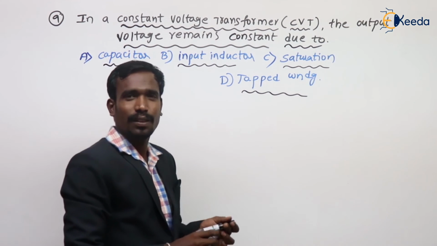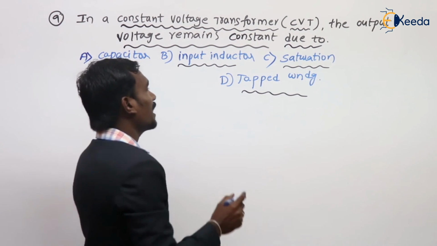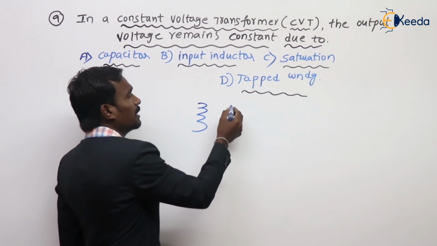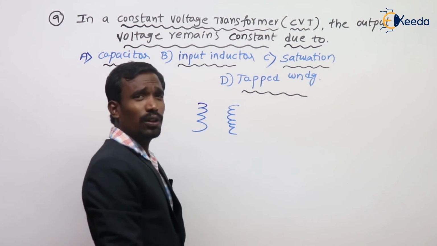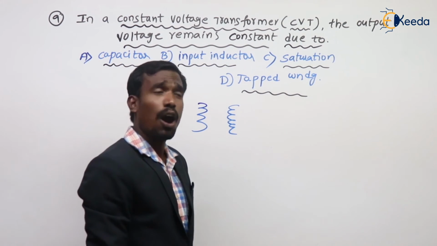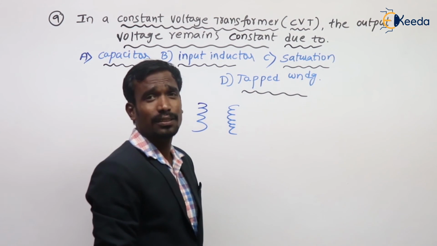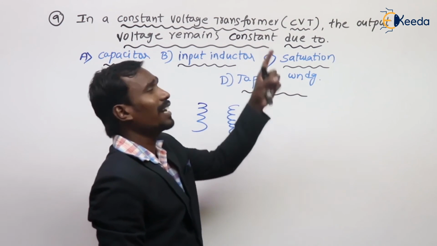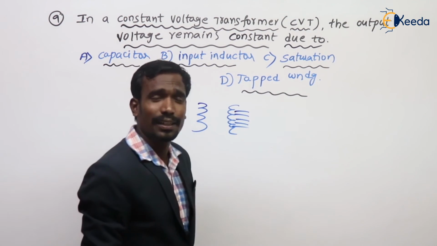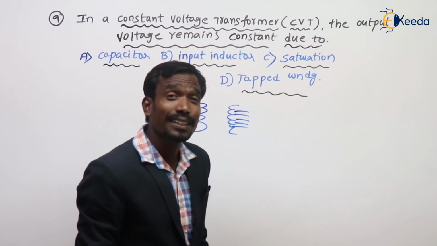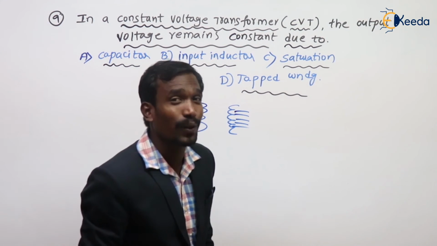Generally, in a constant voltage transformer, even though the load changes, the output voltage also changes, but to maintain constant voltage, we are using tappings on the secondary winding.